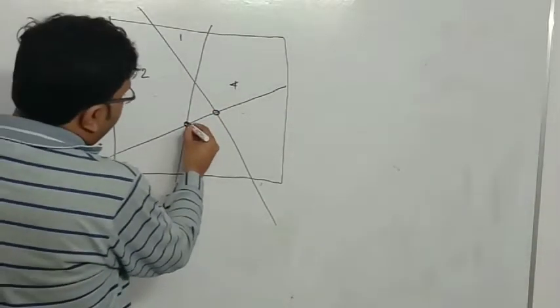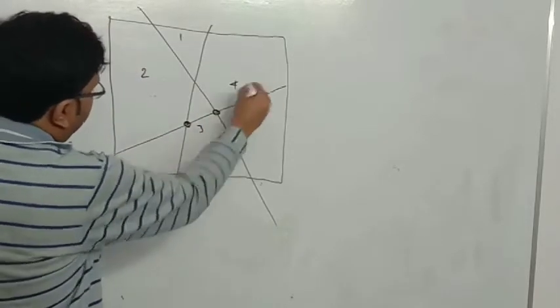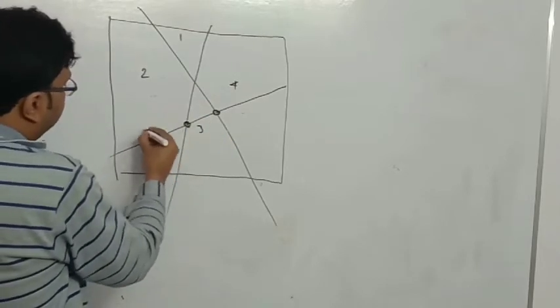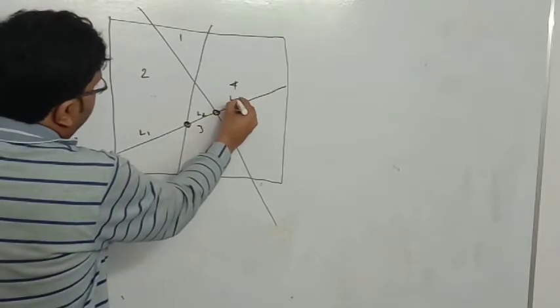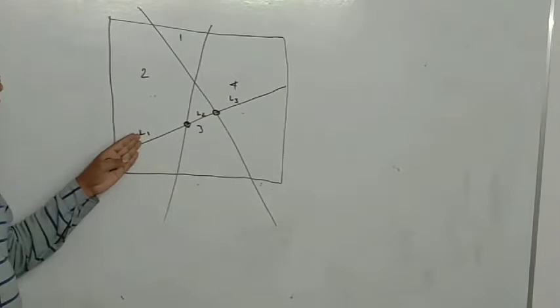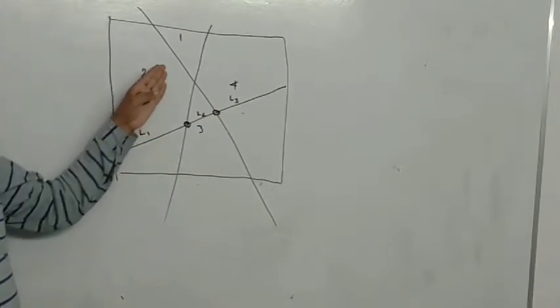And these 2 intersection points divide the third line into three segments also. One is L1, one is L2 and one is L3. Now, look at here. Each segment is passing through a previous region.